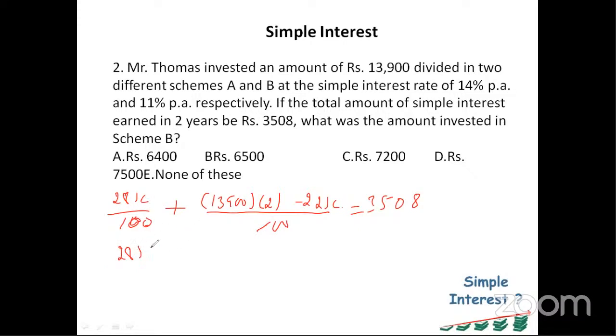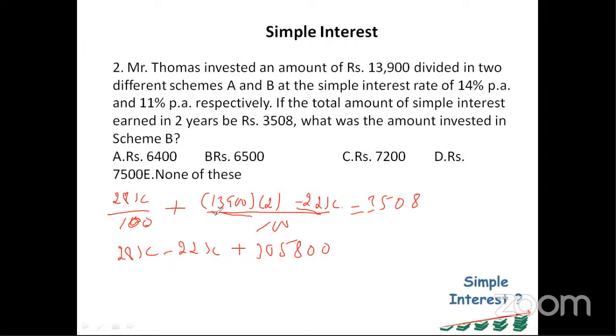So 28x, minus 22x, plus this 13,900 into 22, we get 3,05,800.